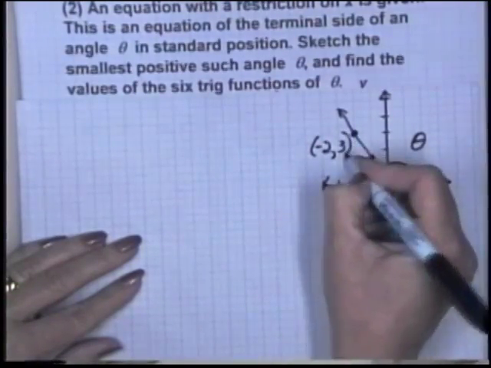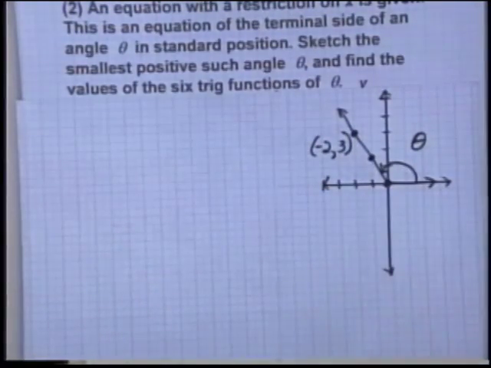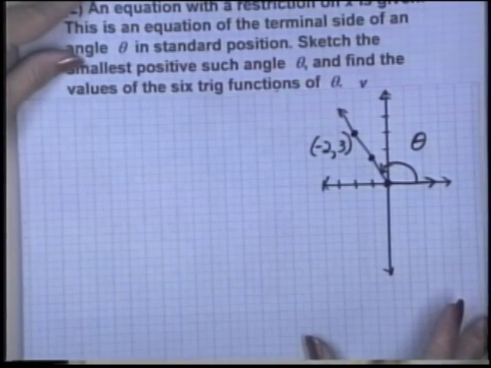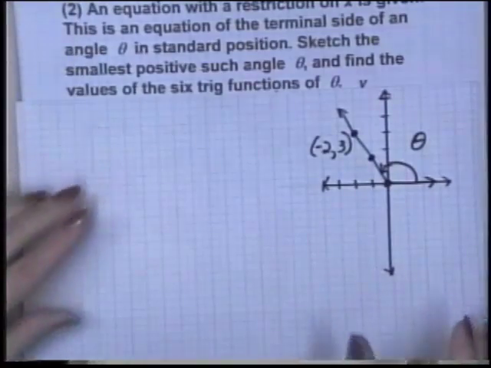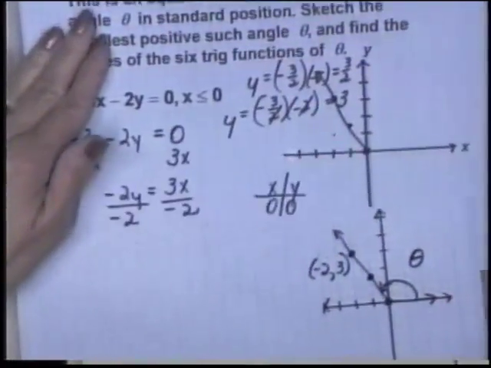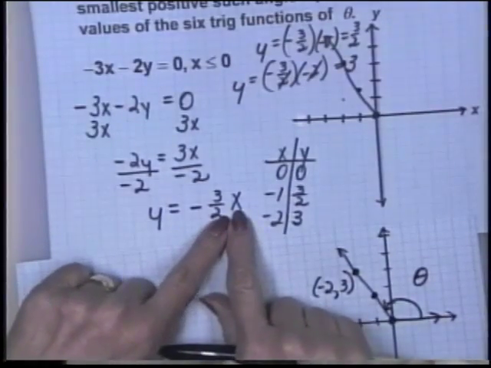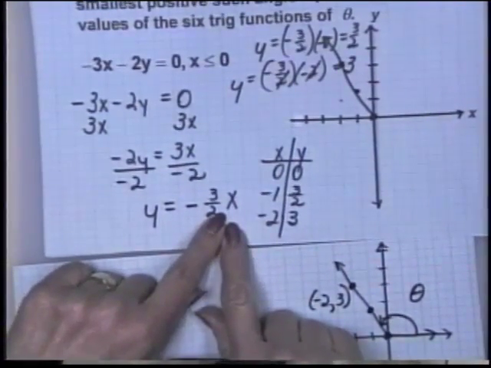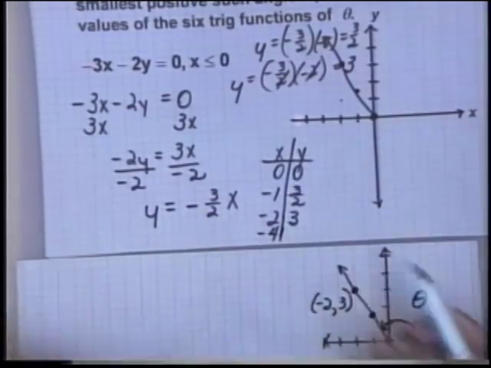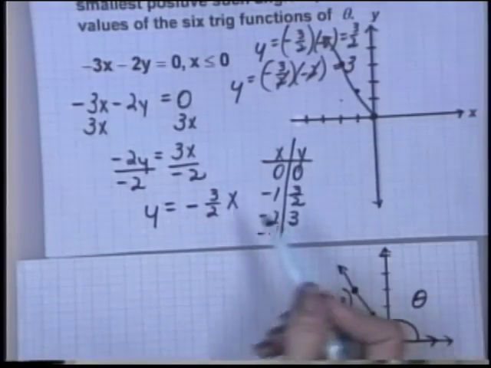-2, 3 would be easier to work with than -1, 3/2. So I will choose that. You could choose other points too, just as long as whatever you substituted in for x, and let's just, for an example, look at -4.